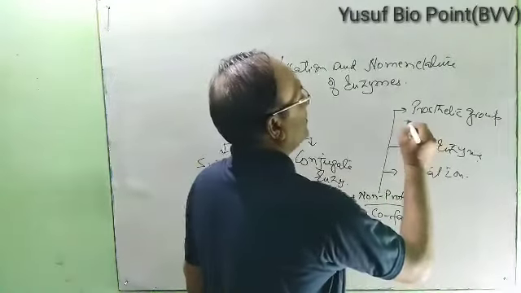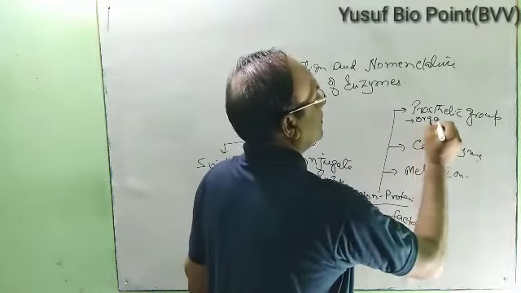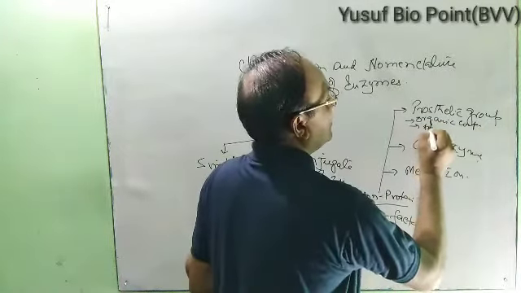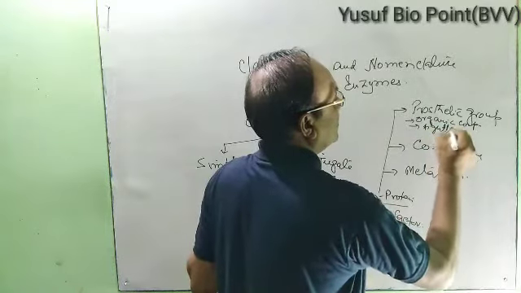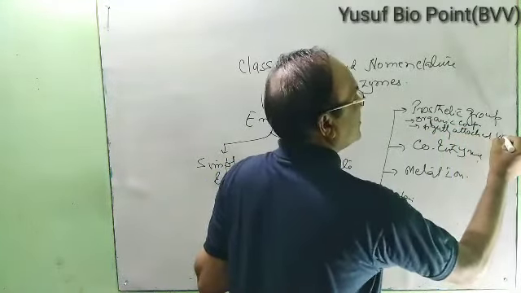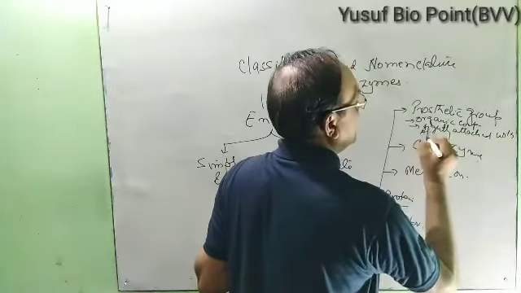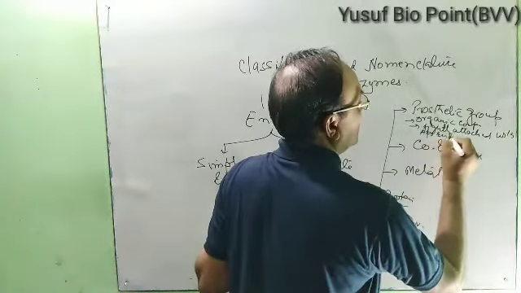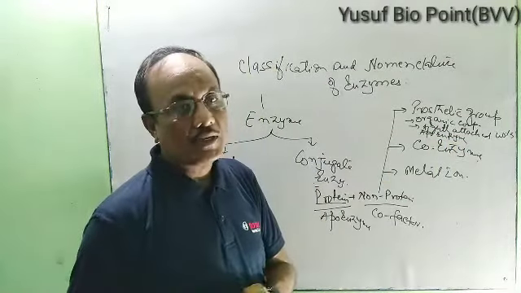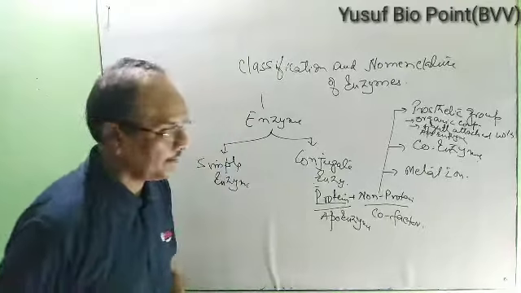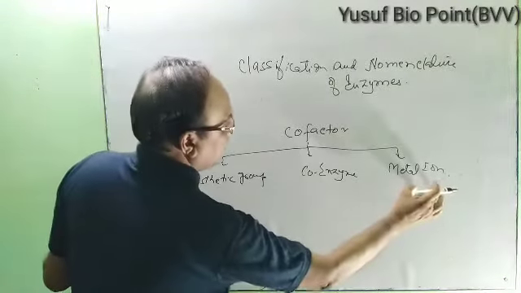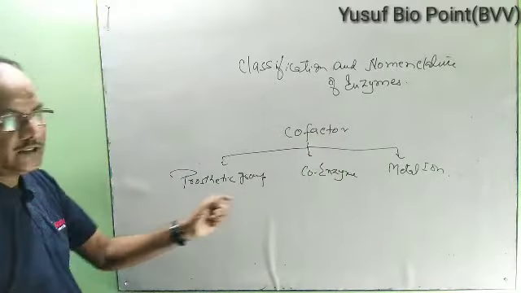So in that, organic compounds are tightly attached with apoenzyme. This is prosthetic, coenzymes, and metals, and the cofactor is divided into 3 parts.